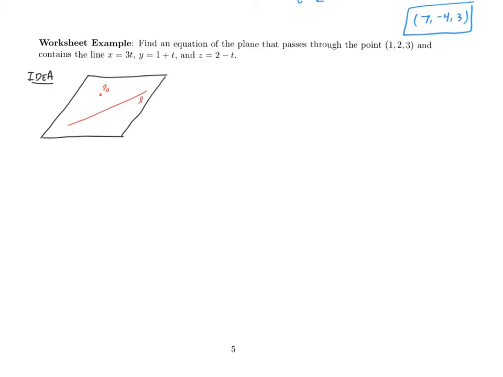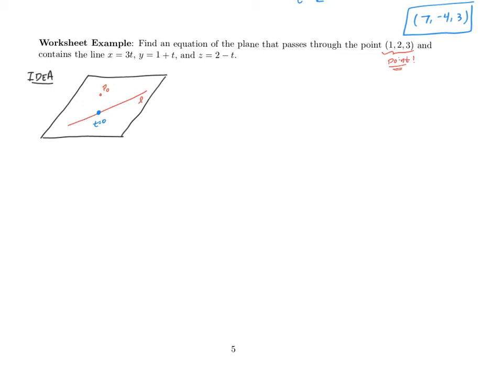Now, since we know our point, to find the equation of the plane, we simply need to find a vector normal to the plane. And the idea of how we can do this is, if I can come up with one point on this line, which we could do by plugging in a parameter value, and the simplest parameter value I could plug in would be 0 or maybe 1, then this will allow you to know two other vectors on the plane.